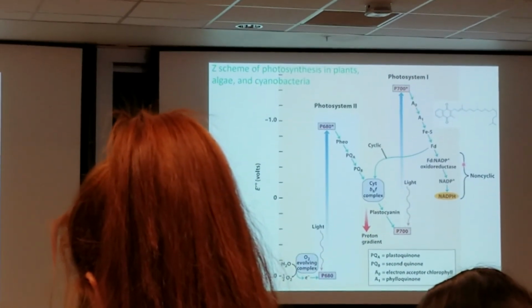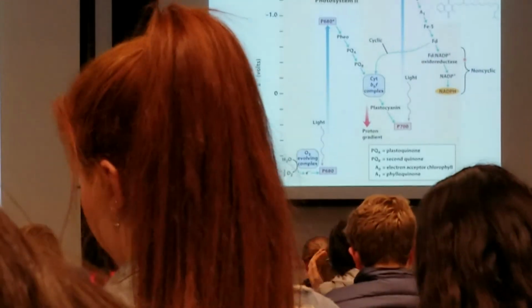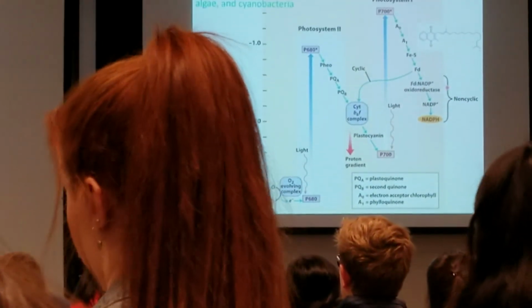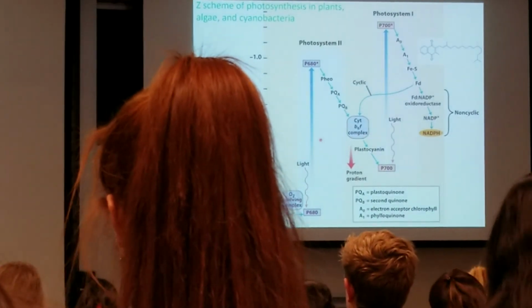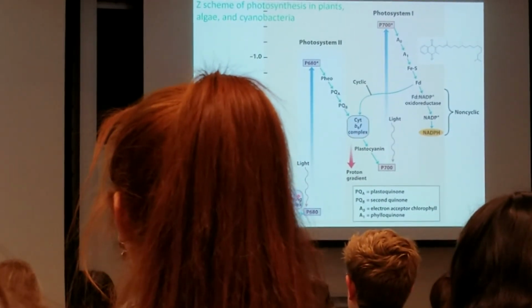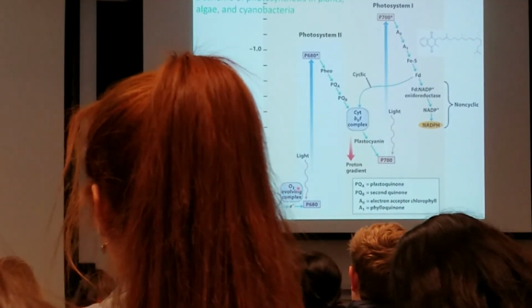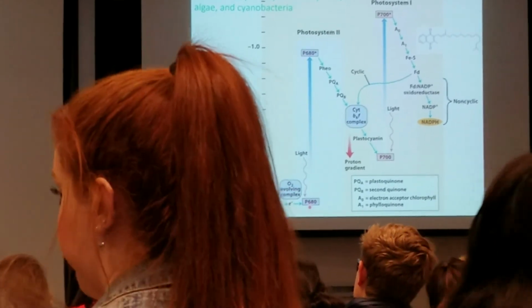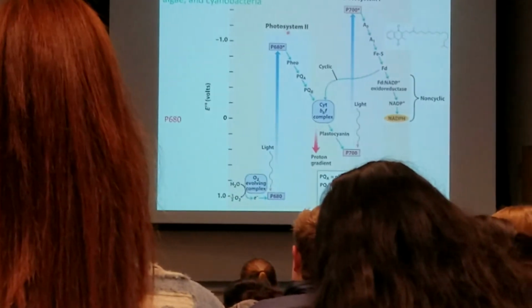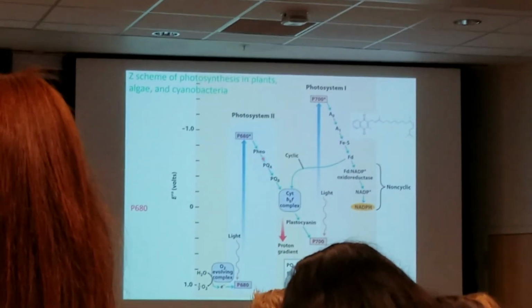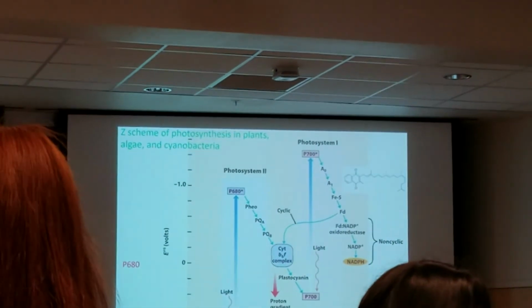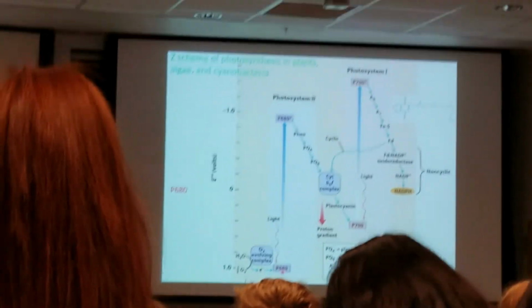So, I need to talk about this diagram here. Here in plants, and we're going to focus on plants, P680 is a reaction center. It's in photosystem 2, PS2. So if I'm this guy here, I've got two chlorophylls that act as one. They can pop an electron to a higher energy state.